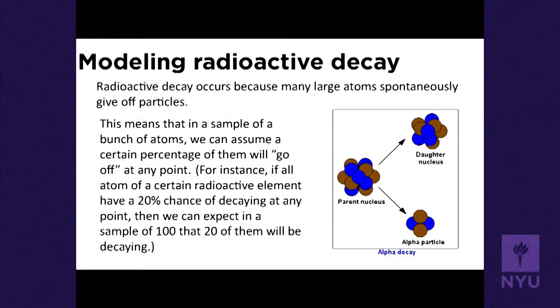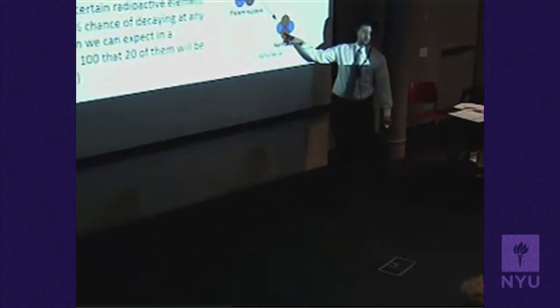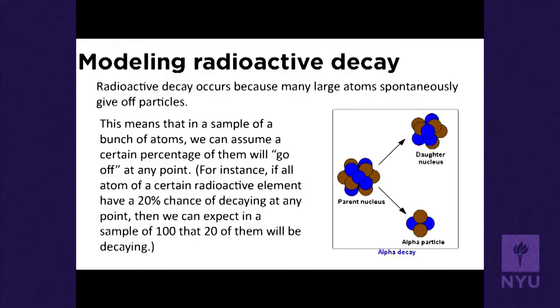Okay, and what's really interesting is when you've got other nuclei in the neighborhood, so that if a particle like this runs into another nucleus, it might force it to break apart, and then the other one will break apart and break apart two more, and this is how nuclear weapons are made. You've got these nuclei which are splitting each other, and it just releases massive amounts of energy.